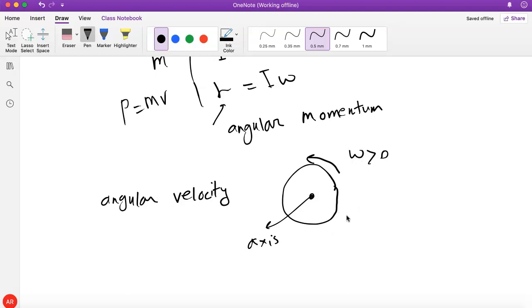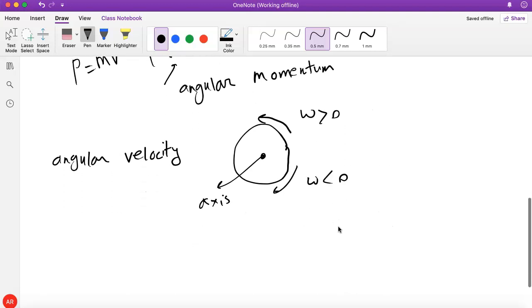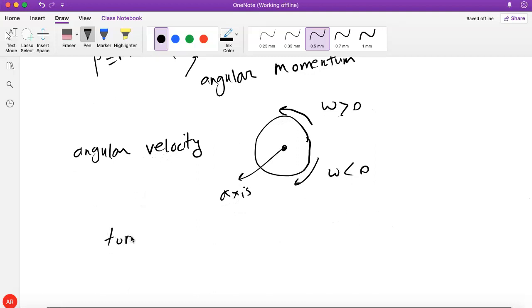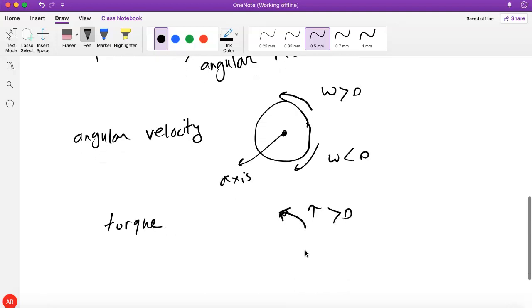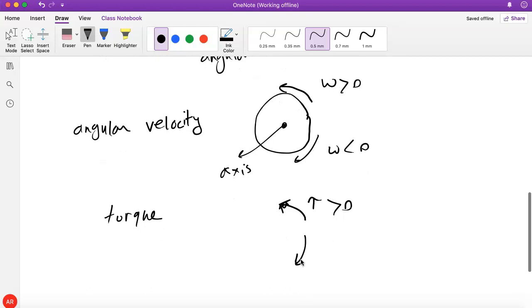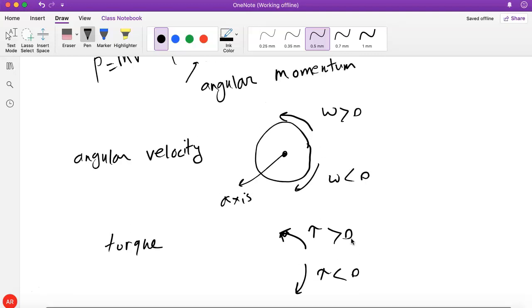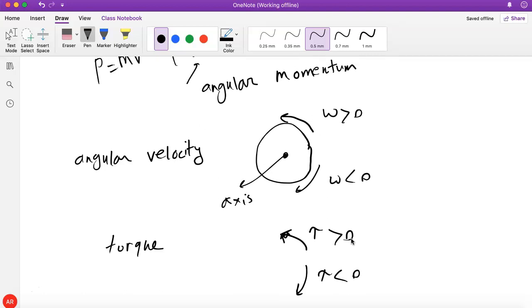If the rotation is clockwise, we say omega is negative. We did something similar for torque. If your torque wants to rotate the object counterclockwise, we say it's positive, and if it has a tendency to rotate the object clockwise, we say it's negative. So somehow it may make sense to associate a vector to this, but where would that vector be?